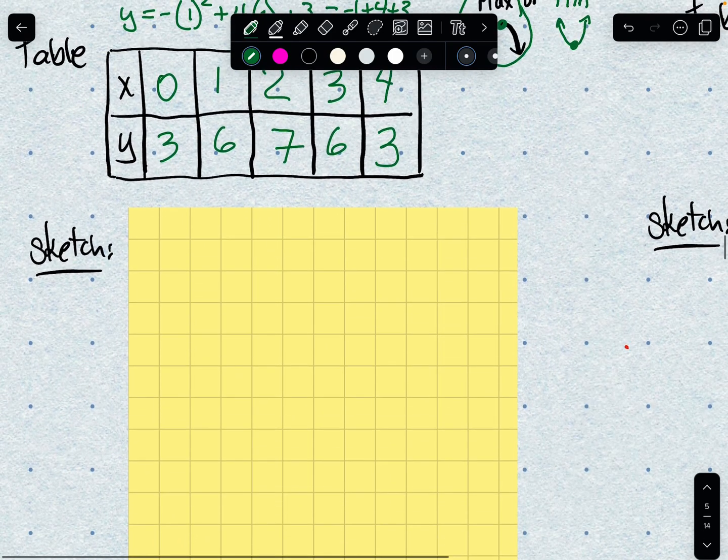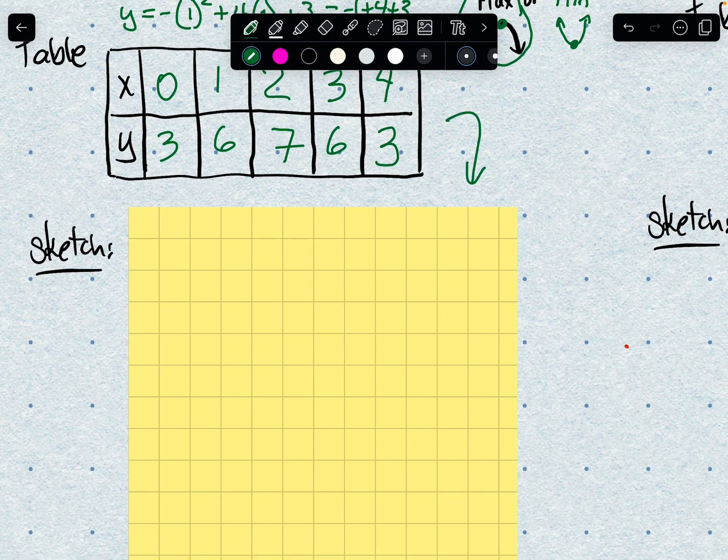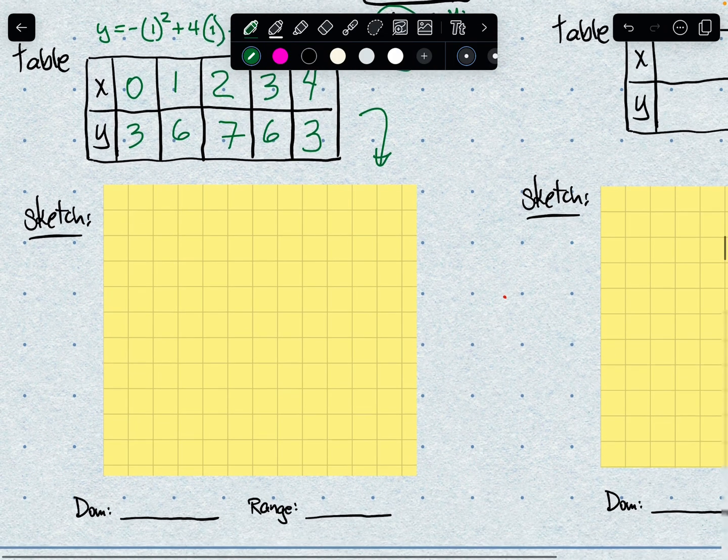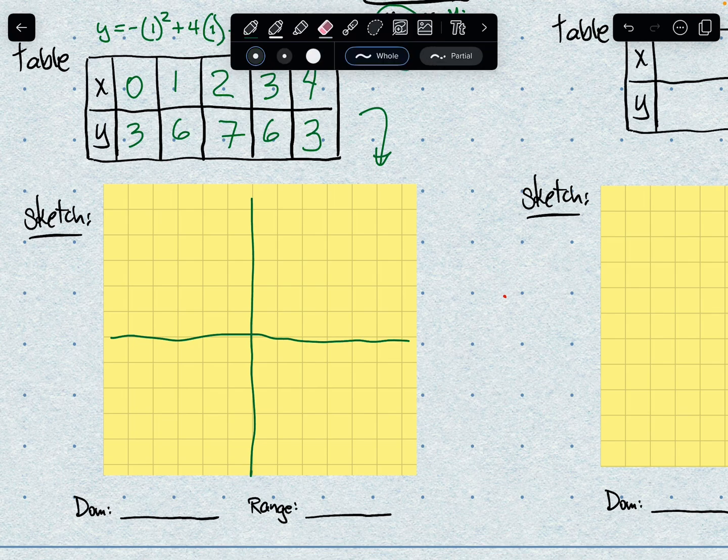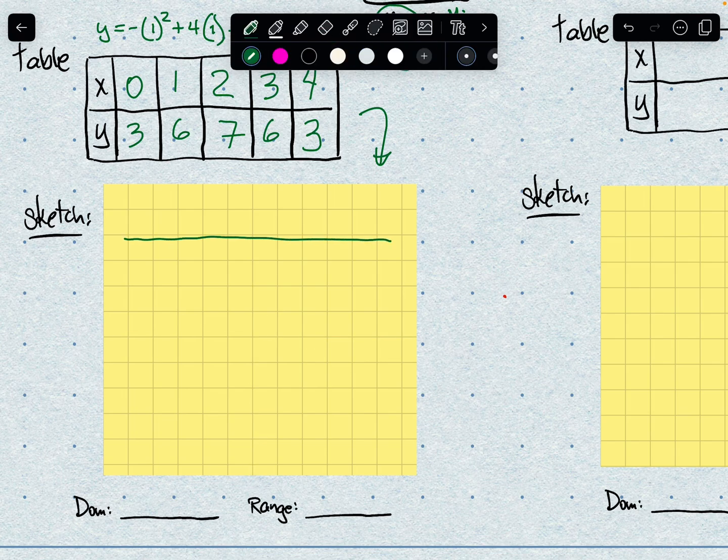Finally, I need to sketch this parabola. So where should I sketch it? Again, this will not always be a useful set of axes. Sometimes we're going to have to change them around. Sometimes you might want the x-axis up here and the y-axis, say, over here.